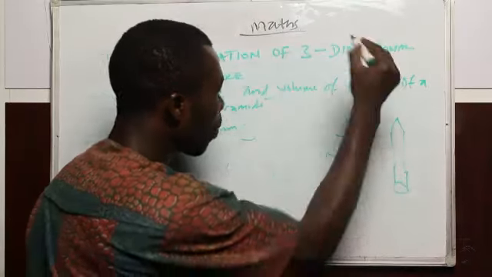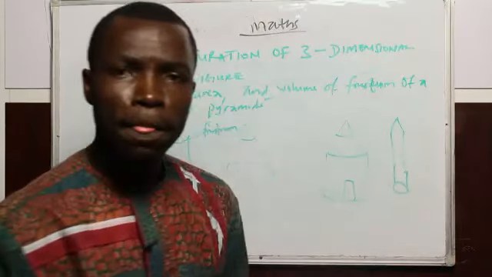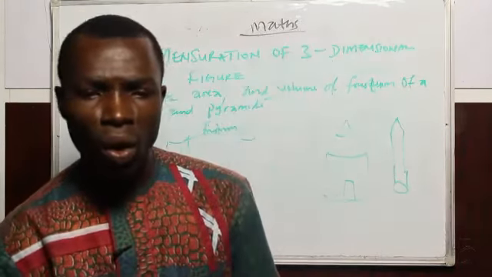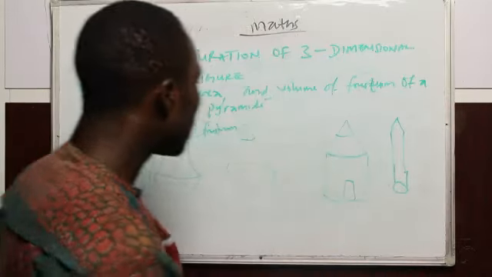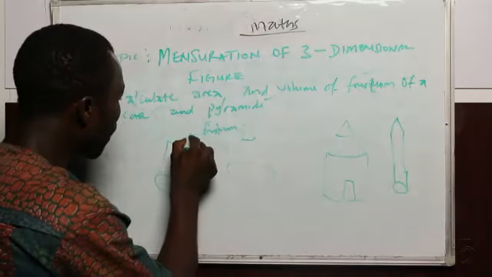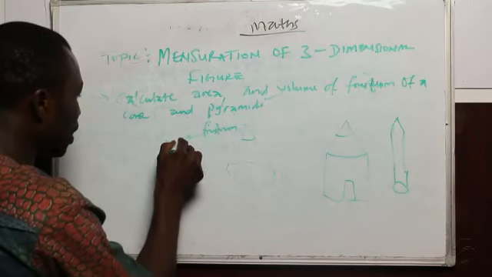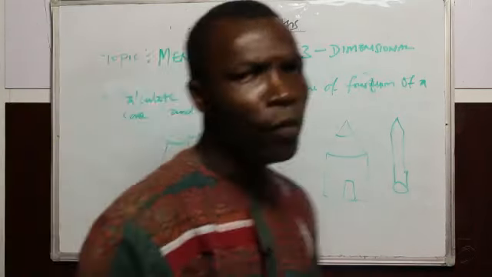When this side is just chopped off like this by a plane, the remaining shape is called a frustum. The cut is parallel to the base, forming a frustum.